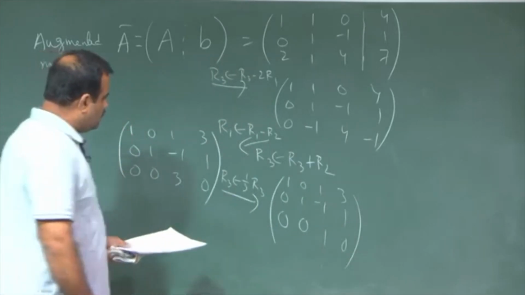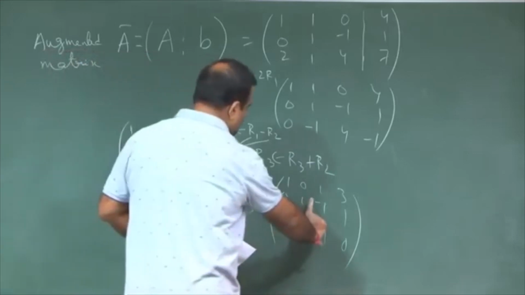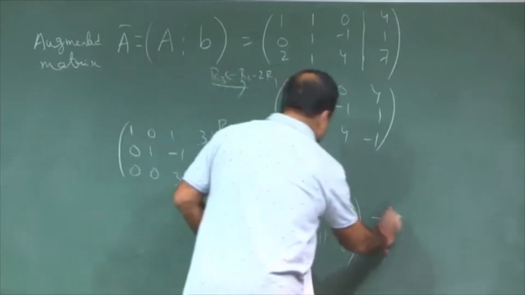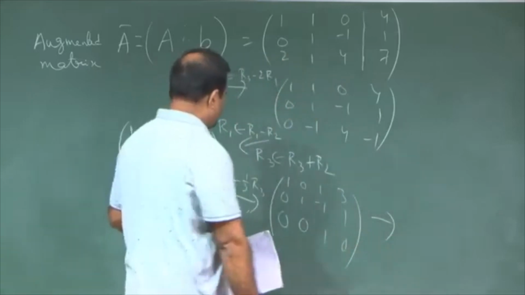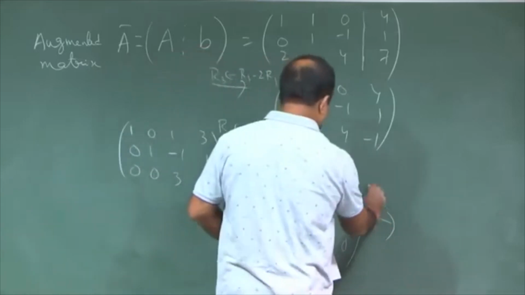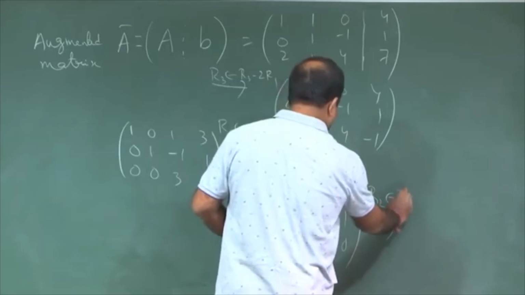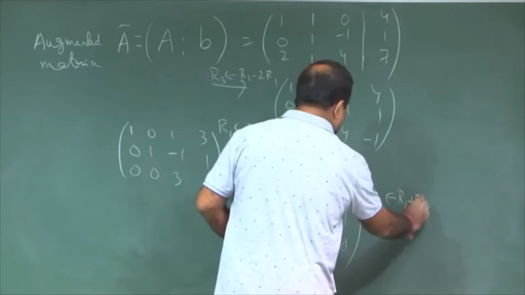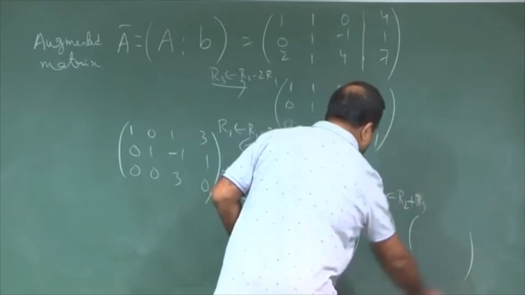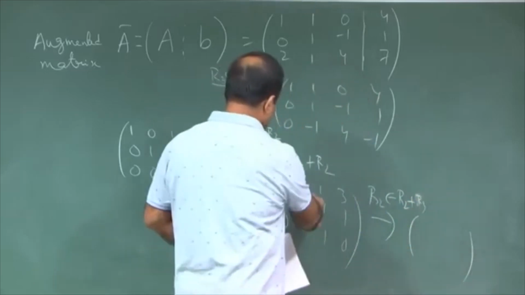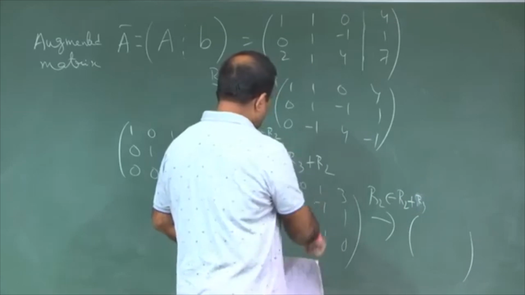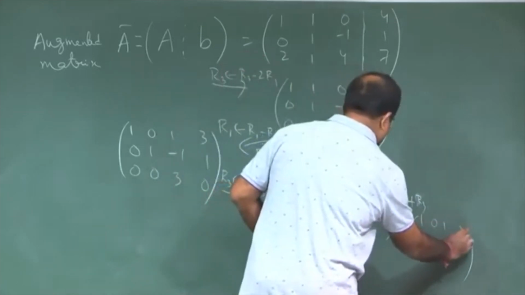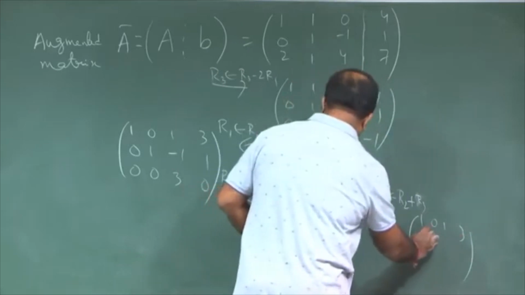Okay, so now if we just add these two up, then this will become 0. That means R2 goes to R2 plus R3. So the first one remains unchanged, 1 0 3, then this will change.